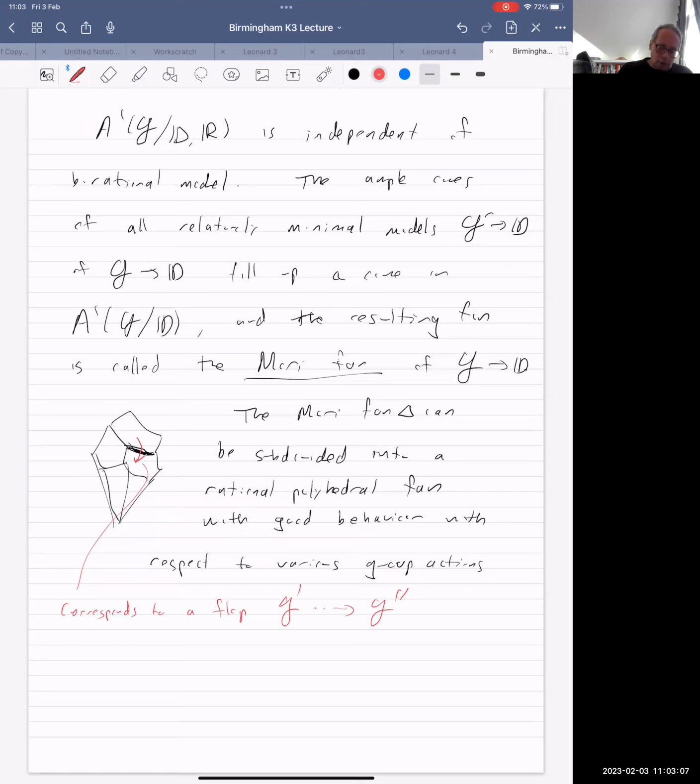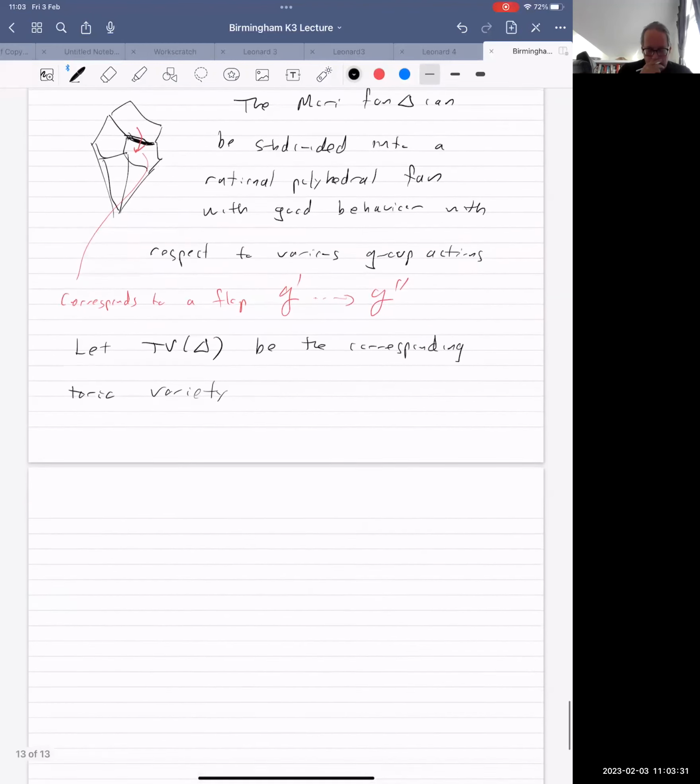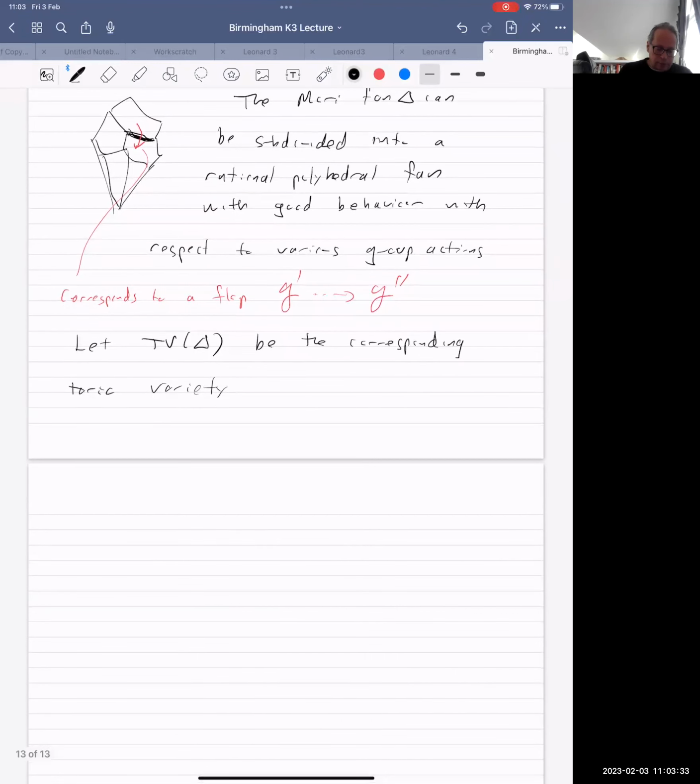Now, you can also look at the toric variety corresponding to delta. Of course, delta is not a finite fan. This is some horrible infinite type toric variety.